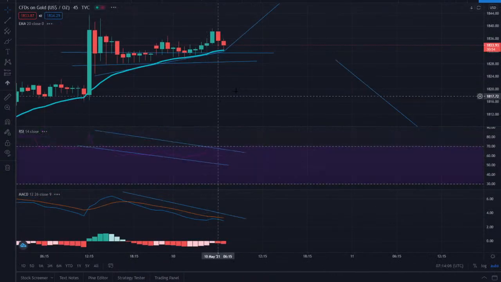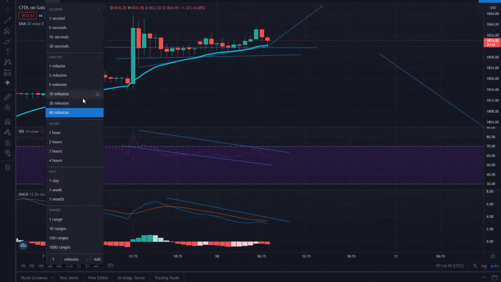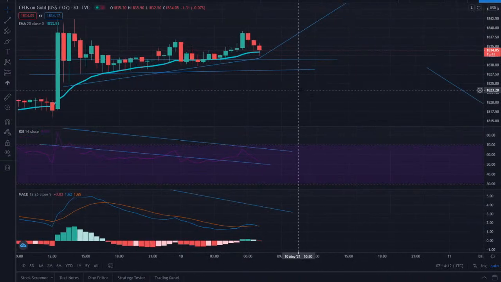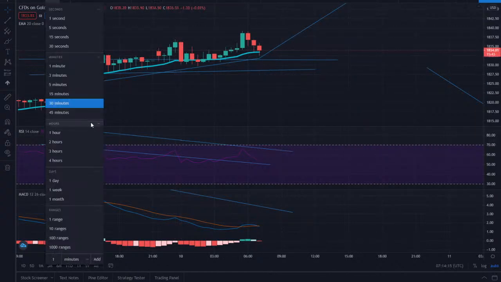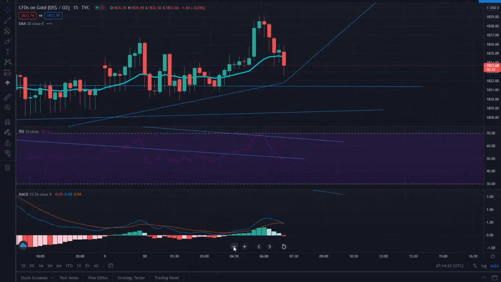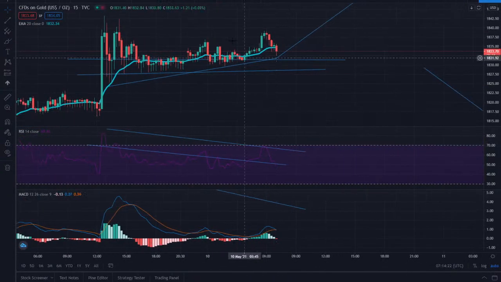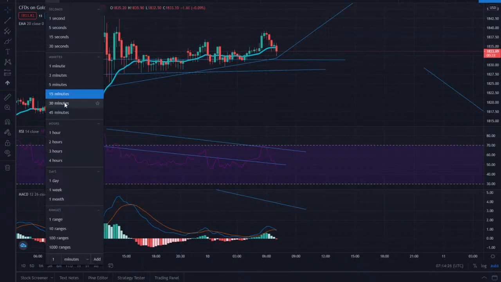Let's check the 45-minute chart. Nothing major happening here. Nothing major happening here either. Where are we right now? 5-minute chart.